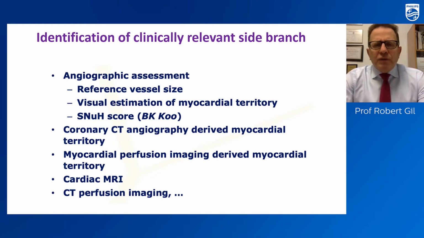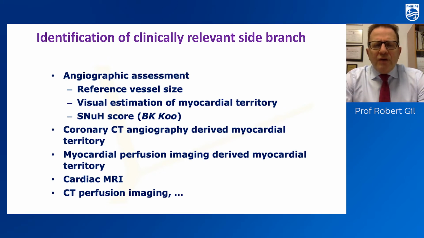When we start to think about which technique should be used for proper treatment of coronary bifurcation, we have to think about the side branch. I mean, the identification of a clinically relevant side branch is the most important moment in choosing the right technique for coronary bifurcation treatment.